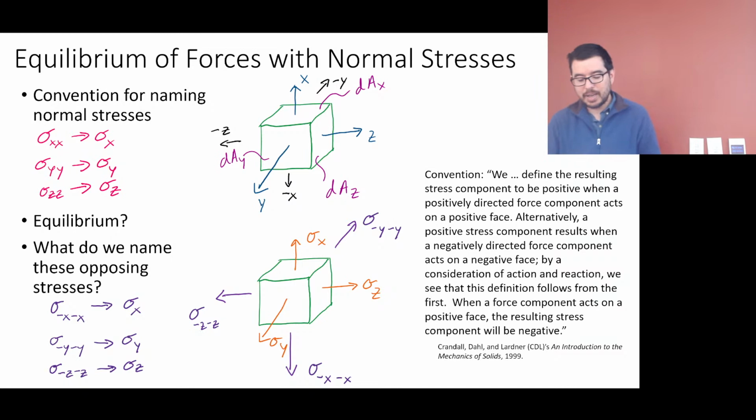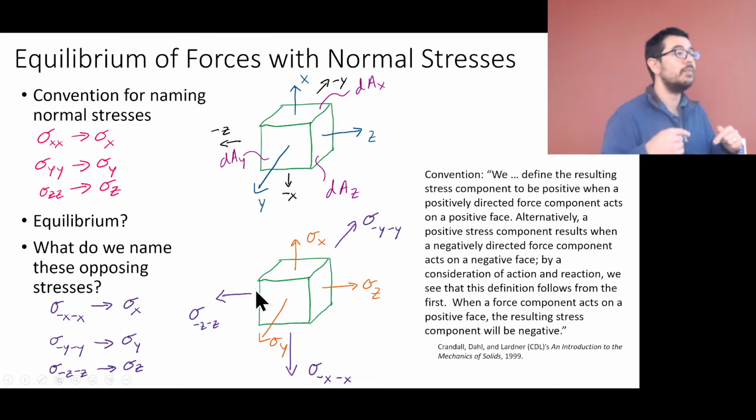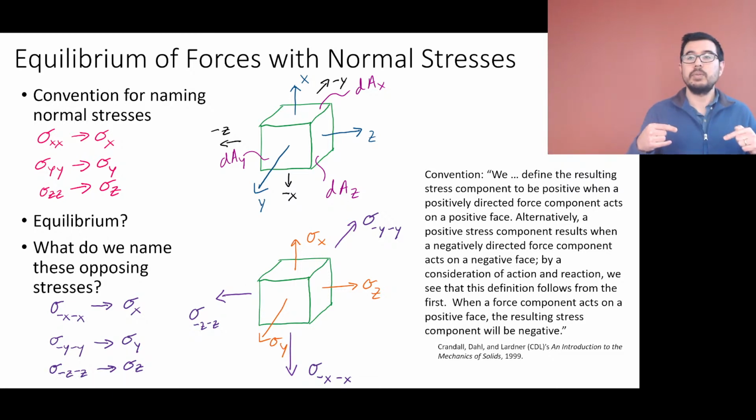When a force component acts on a positive face, the resultant stress component will be negative. So in addition to saying that sigma minus z is equal to sigma z, when I draw it coming out of the face, if you have a vector describing a stress that's going into a face, that's going to be negative. Okay?